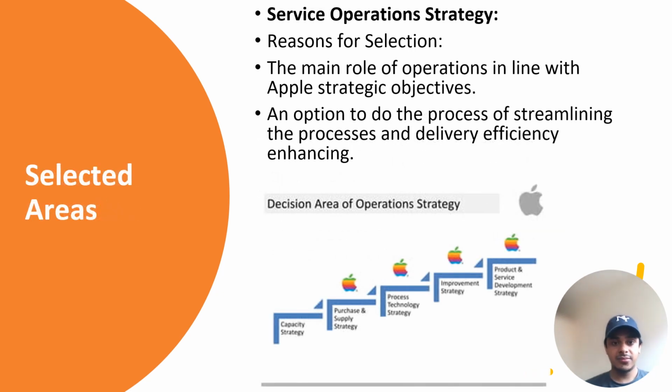There are some service operation strategies of Apple, and I selected some of the areas. My reasons for selection are the main role of operations in line with Apple's strategic objectives, and an option to streamline the process and enhance delivery efficiency.